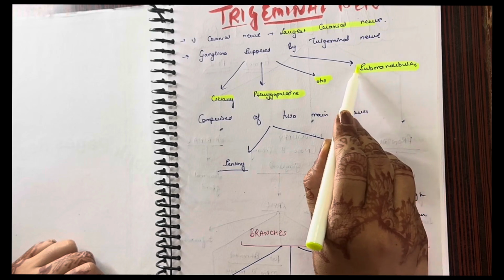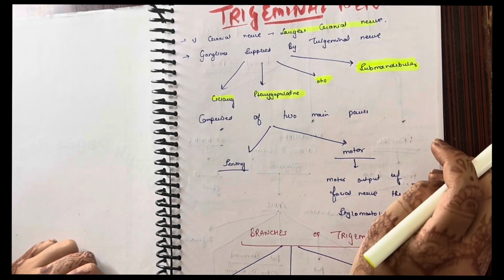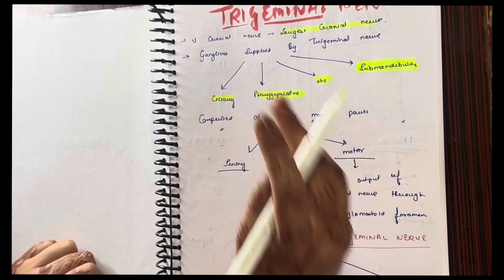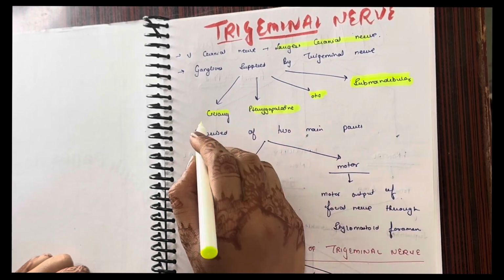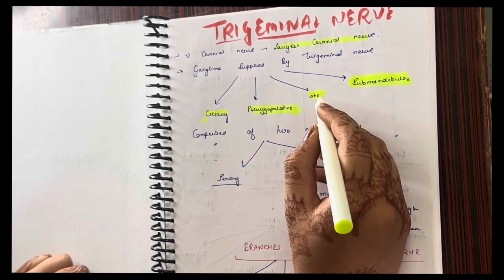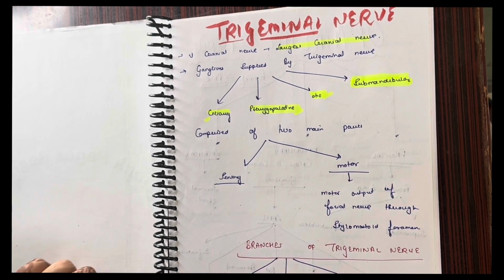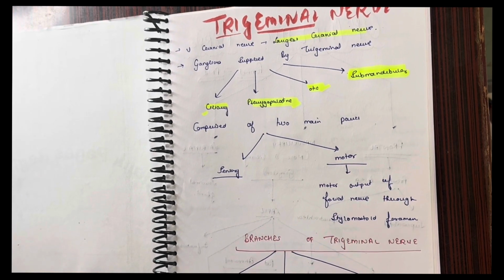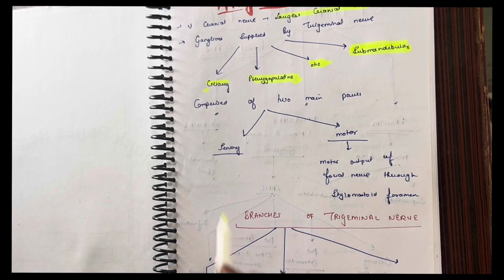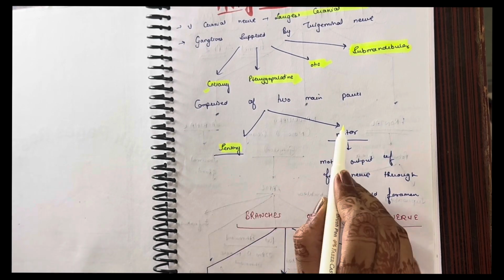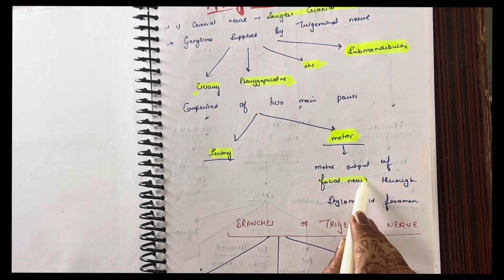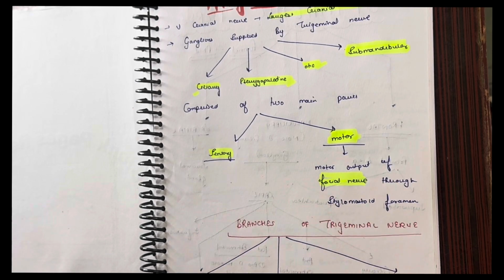Basically, it is related to the frontal region, maxillary, and mandibular region. This nerve basically has two main parts: one is the sensory part and one is the motor part. Motor output is through the facial nerve.